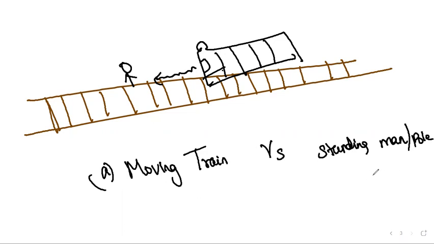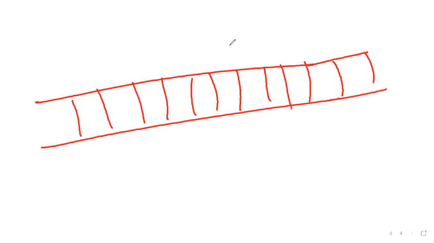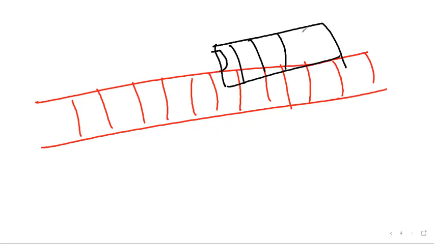Let's see what the second scenario is. In the second scenario, let's draw the railway track, and here also we'll have a train.